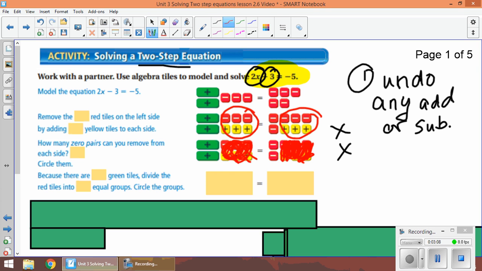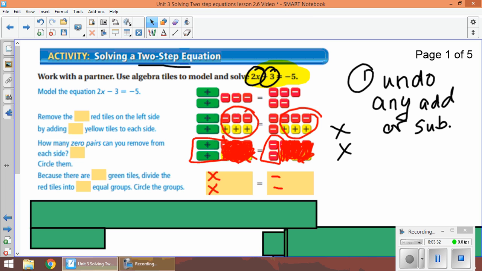So now we have 2 x's left, so there are 2 green tiles left between 2 negative red tiles. So on the left, when I cancel these out, this is what I'm left with. And on the right, when I cancel out the 2 negatives, this is what I'm left with.